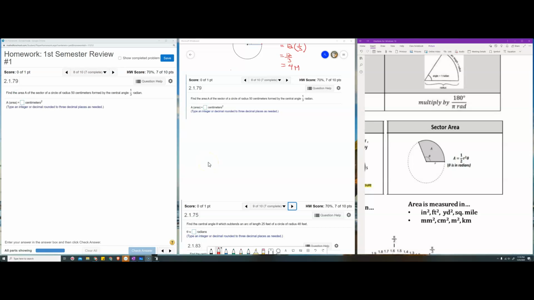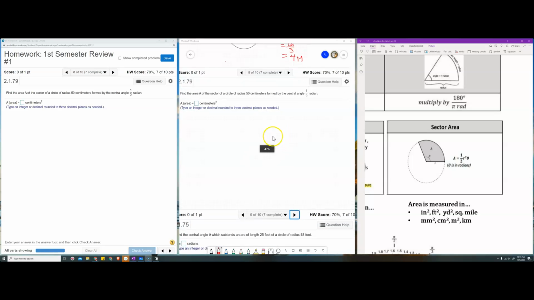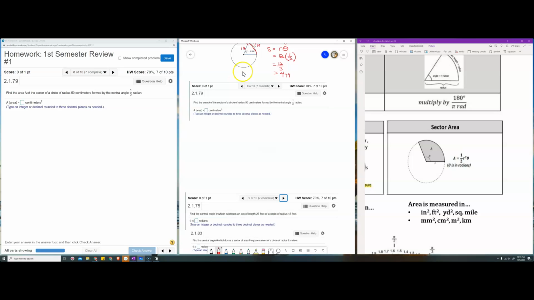Eight. Find the area of a sector of a circle of radius 50 centimeters formed by the central angle 1/3 radians. So we got a similar situation to what we had earlier, that we've got a third of a radian.